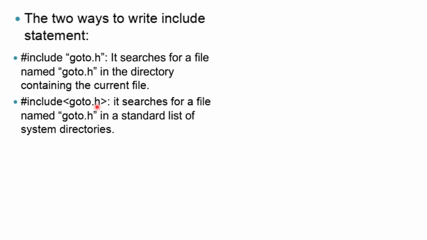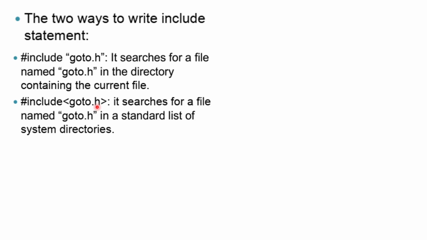Maybe hundreds of header files are present, and some of you may know stdio.h or conio.h or math.h or graphics.h or malloc.h or something like that. All the header files are present in a particular directory. When you write angular brackets, the compiler searches that file within that folder directly.